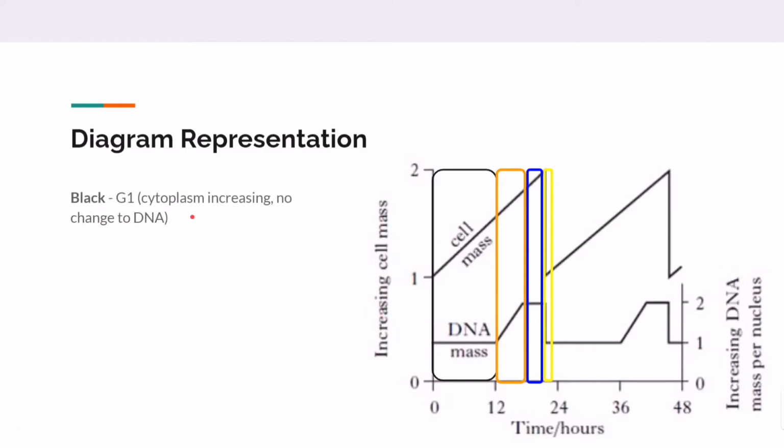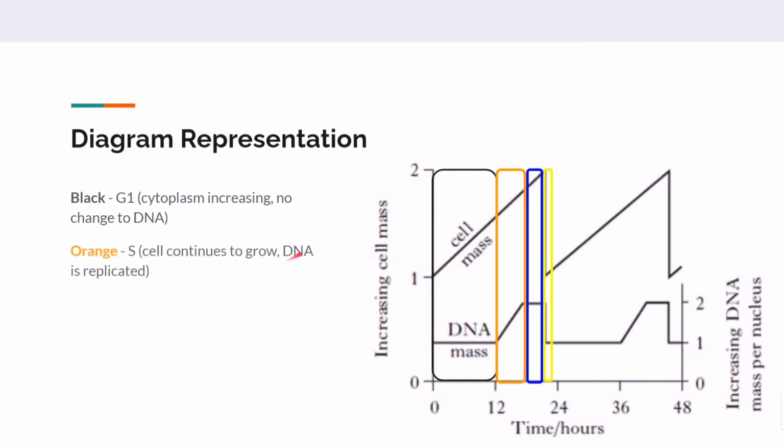Now, the black box represents G1. And you can see this because our cytoplasm is increasing in G1, meaning our cellular mass is going to be increasing. But in G1, no change to the DNA is made, so our DNA mass stays the same.